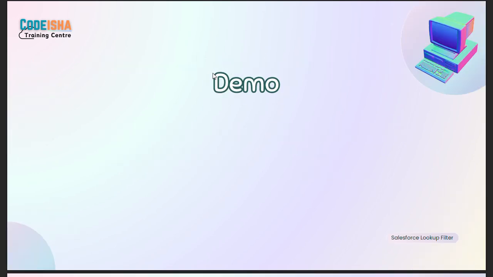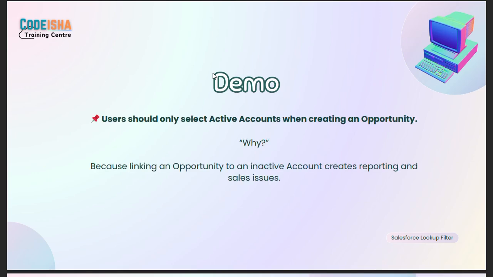Coming to the demo session, let's take one demo for this feature: the user should only select active account records when creating an opportunity record.